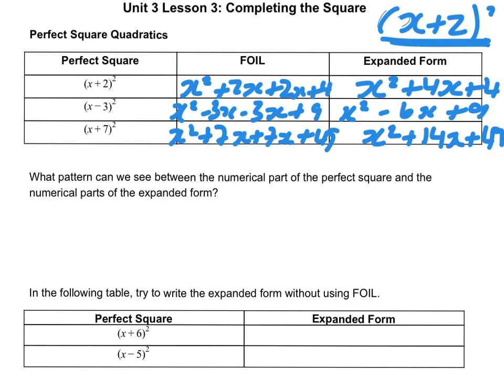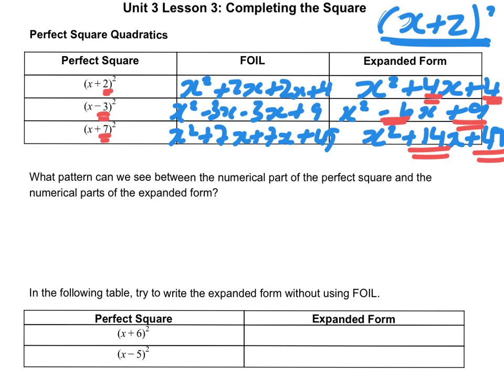So what pattern can we see between the numerical parts of the perfect square and the numerical parts of the expanded form? Look at the first one, you have 2, and when you expand it, you get x squared plus 4x plus 4. The second one is minus 3, and when you expand it, you get x squared minus 6x plus 9. And the last one is x plus 7, so it becomes x squared plus 14x plus 49.